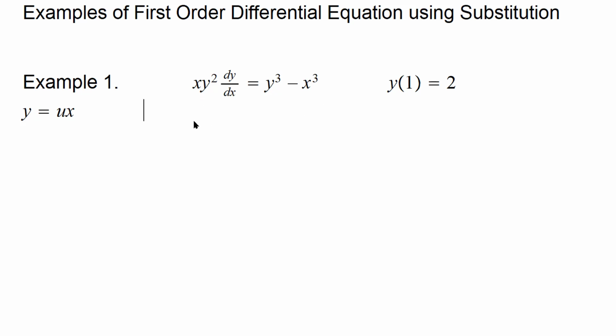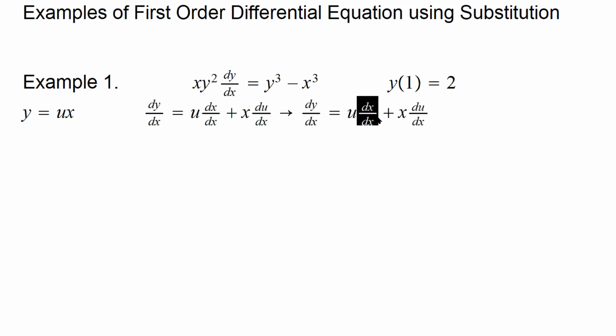All right, so we have y equals ux, so dy/dx will become how much? Let's use the product rule. So u plus x du/dx. I just wrote it even though I didn't have to for a class like yours. So we got this, and you know this quantity is 1. So what we got is dy/dx equals simply u plus x du/dx.